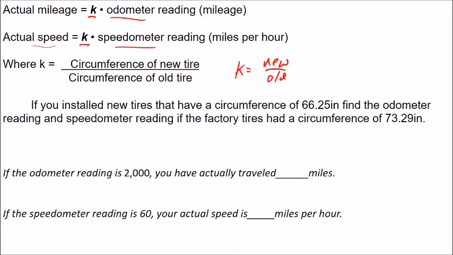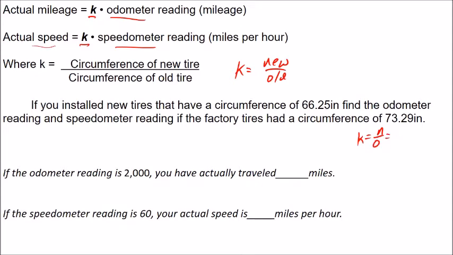If you install new tires that have a circumference of 66.25 inches, find the odometer reading and speedometer reading if the factory installed tires have a circumference of 73.29 inches. So the first thing we're going to have to do is find that K value. Again, the K is going to be that new over old.